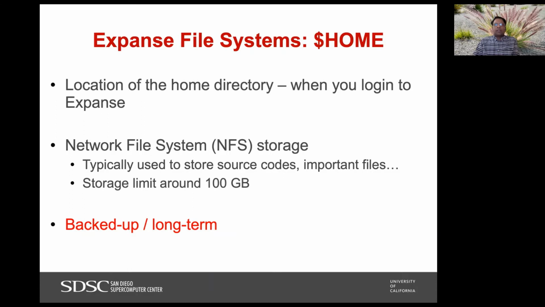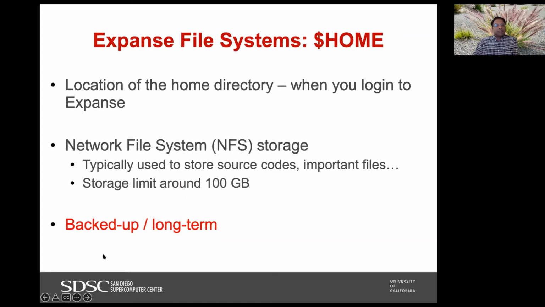And if you run in the HPC world long enough, you're going to have data loss at some point. So you should plan for issues like that and definitely have offsite copies of anything critical.